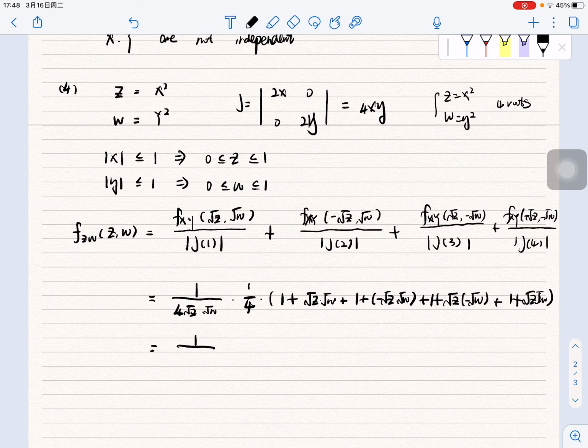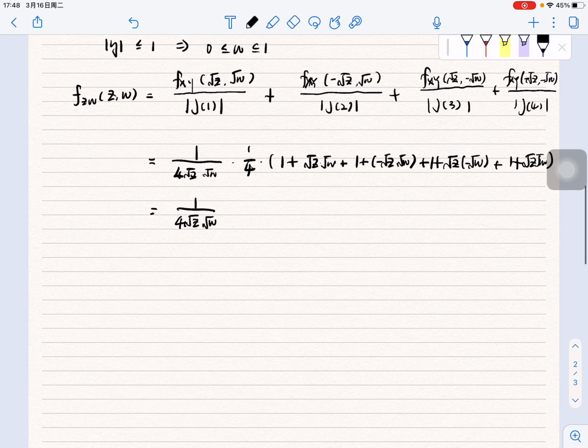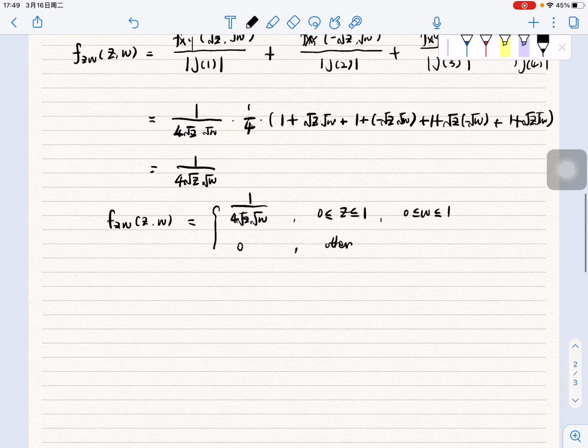It is 1 divide 4 multiply root z root w, and then we can get the answer fzw equals 1 divide 4 root z root w when z is larger than 0 and less than 1, w is larger than 0 and less than 1, and 0 when z and w are other values.